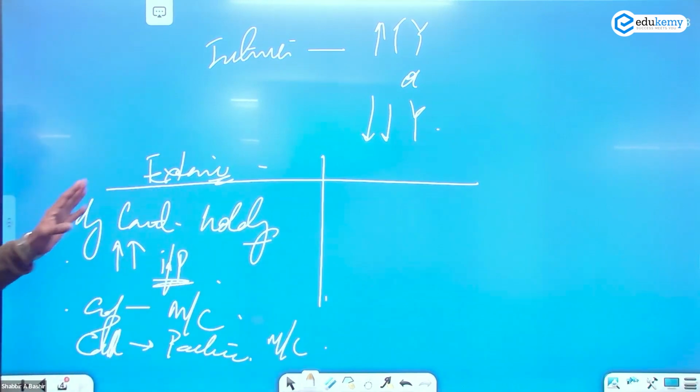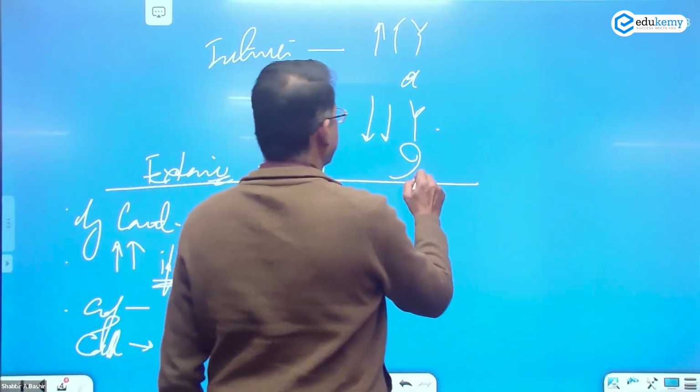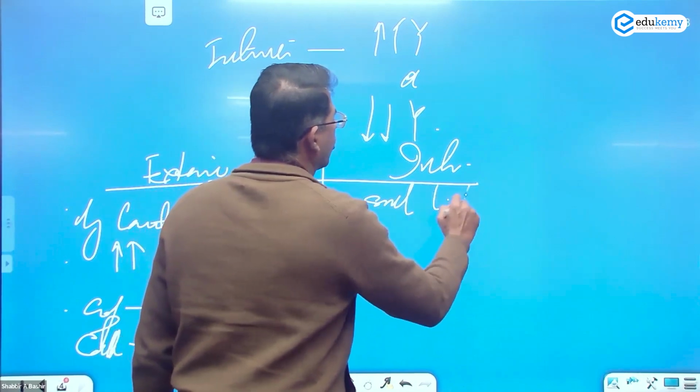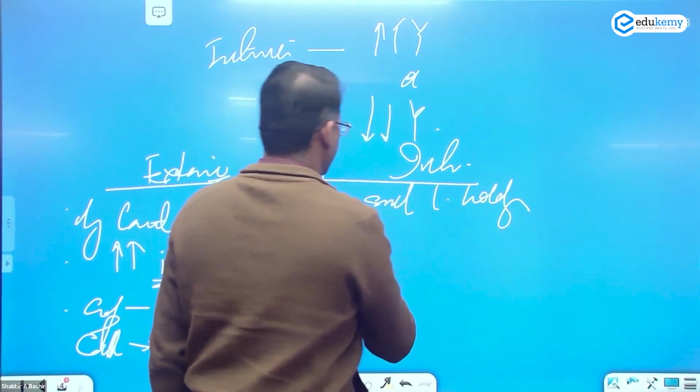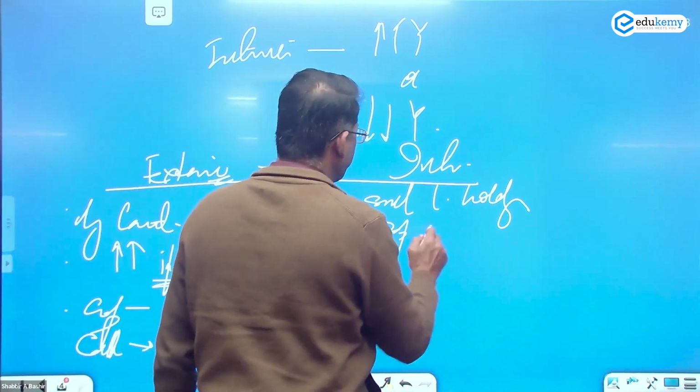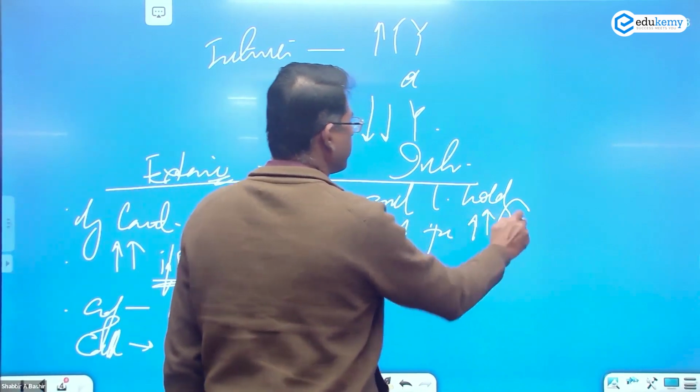Okay, intensive farming is small land holdings. Intensive farming वहां पर होता है where population pressure is very high.